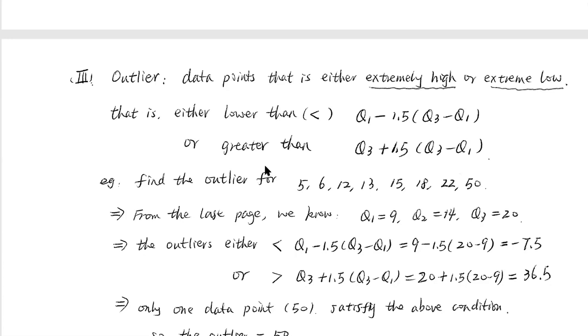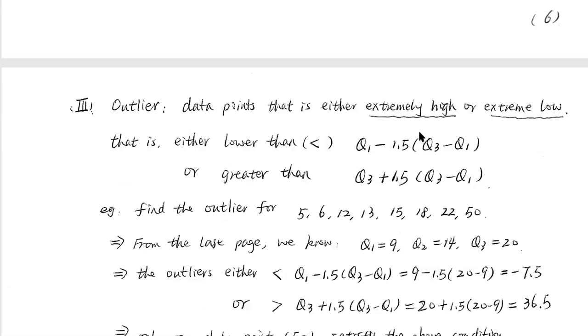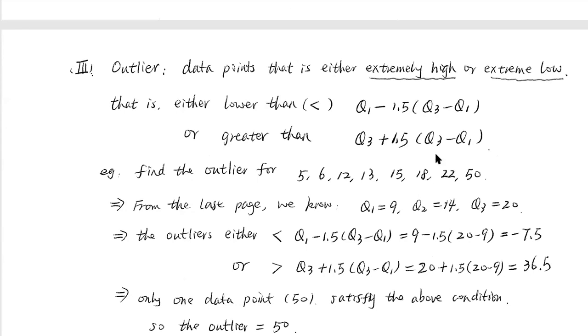So right now, as long as you understand the meaning of outlier, that's good enough. I don't require you to use the formula provided here to find the outlier for this data sequence. I don't require that because these two formulas here are way more simple. So if you study more statistics, you will not use this anymore.